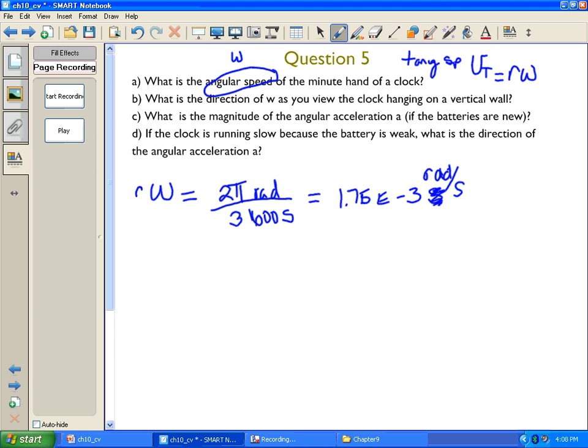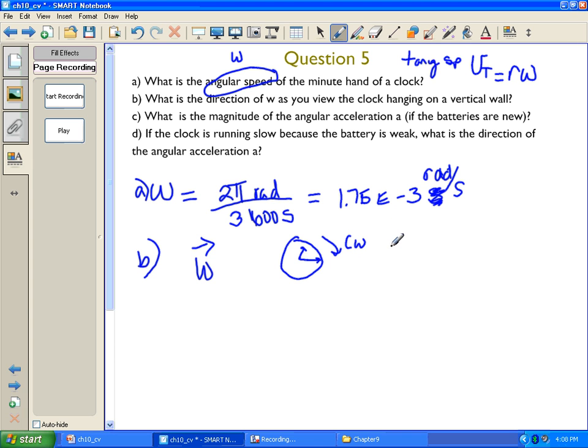The next question asks us to determine the direction of omega as a vector, the angular velocity, if we are looking at the clock hanging on the wall. Well, both the hour hand and the minute hand rotate clockwise.